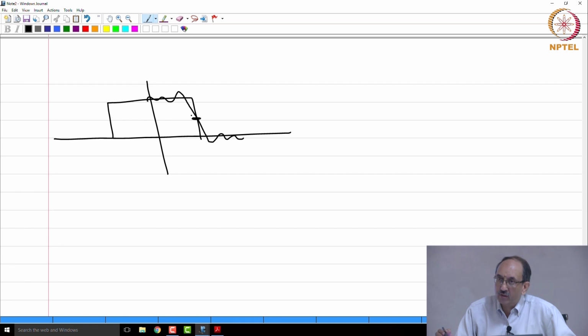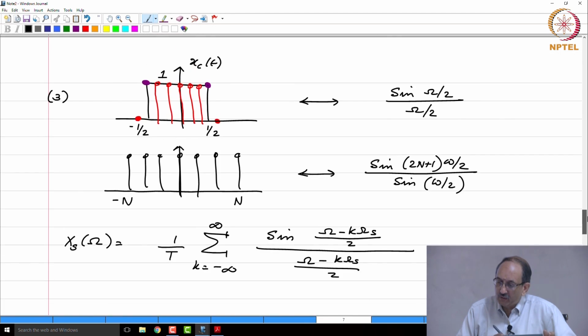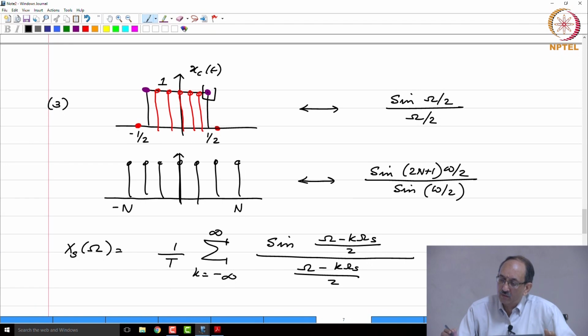At the value of the discontinuity, it will exactly go through the average value, and hence if you take samples at the point of discontinuity to be consistent with this development, the sample value that is consistent with this expression will have to be half. Therefore, in this theory we assume you do not sample at the point of discontinuity. If you want the expressions to match, you have to make sure the sample at the value of discontinuity is really half the value, or rather the average value to the left and to the right of the discontinuity.